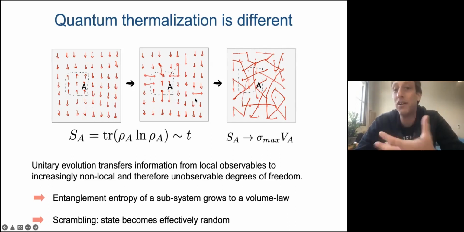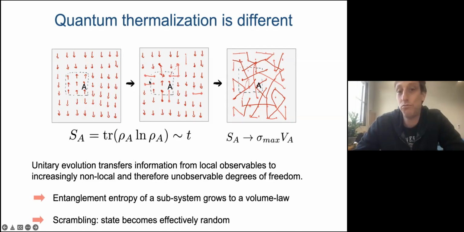Looking at particular spins does not reveal any of that information. One way to quantify the non-locality of information is to take some subsystem, which I called A here, and evaluate its entanglement with the rest of the system. Namely, you look at the von Neumann entropy of the reduced density matrix of that subsystem A.